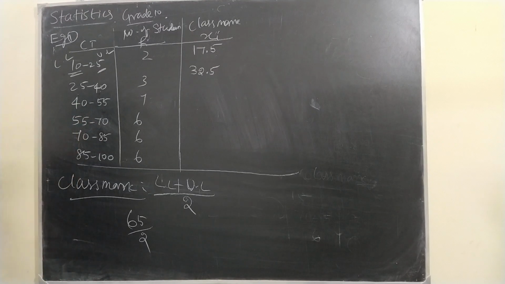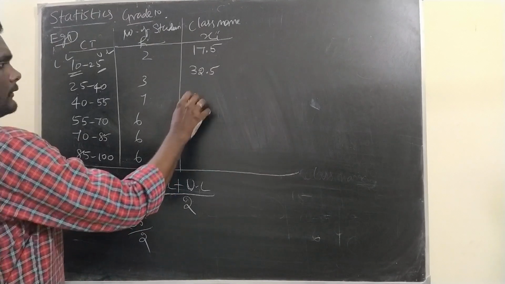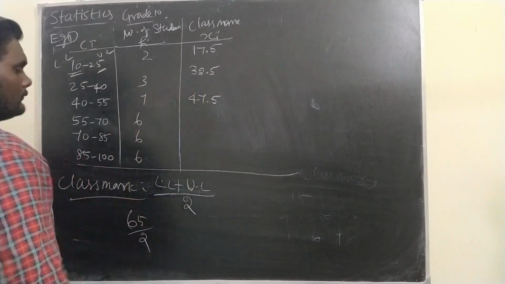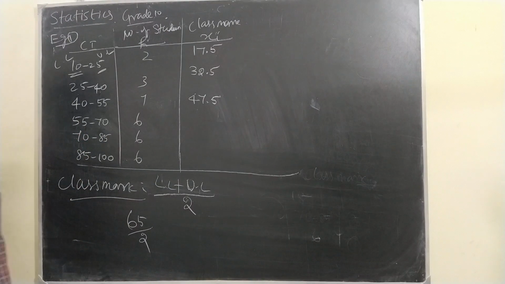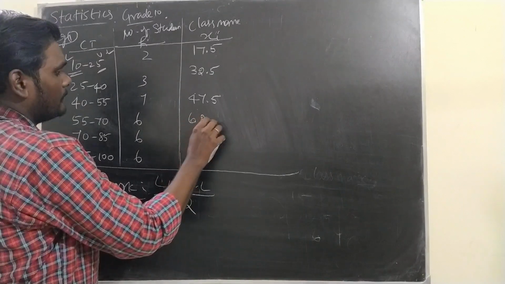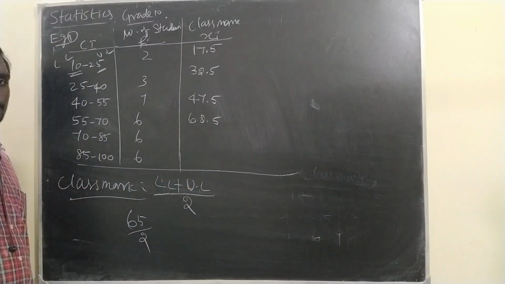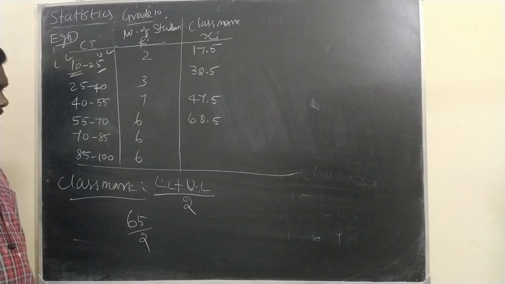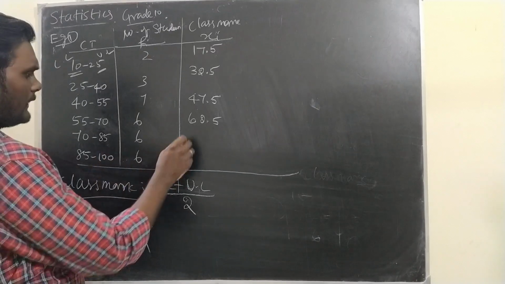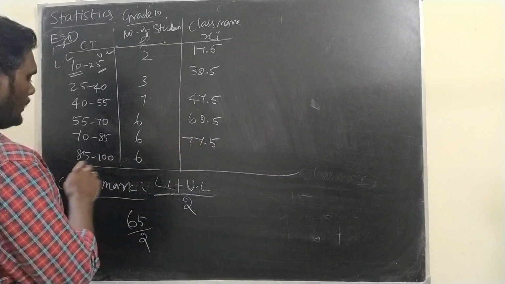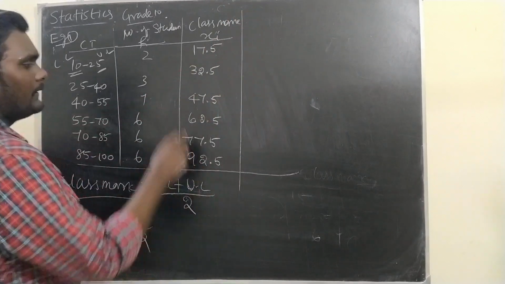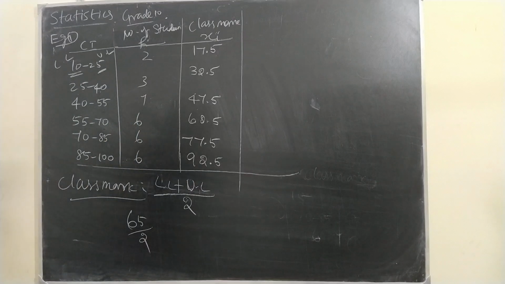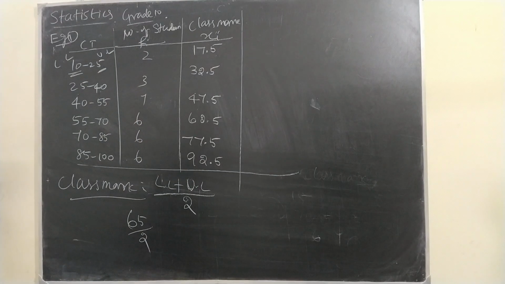Next here, 95 by 2. Okay. Here, 135 by 2. 62.5. Then here, 77.5. Yes, correct. Then here, 92.5. This is our xi, man.